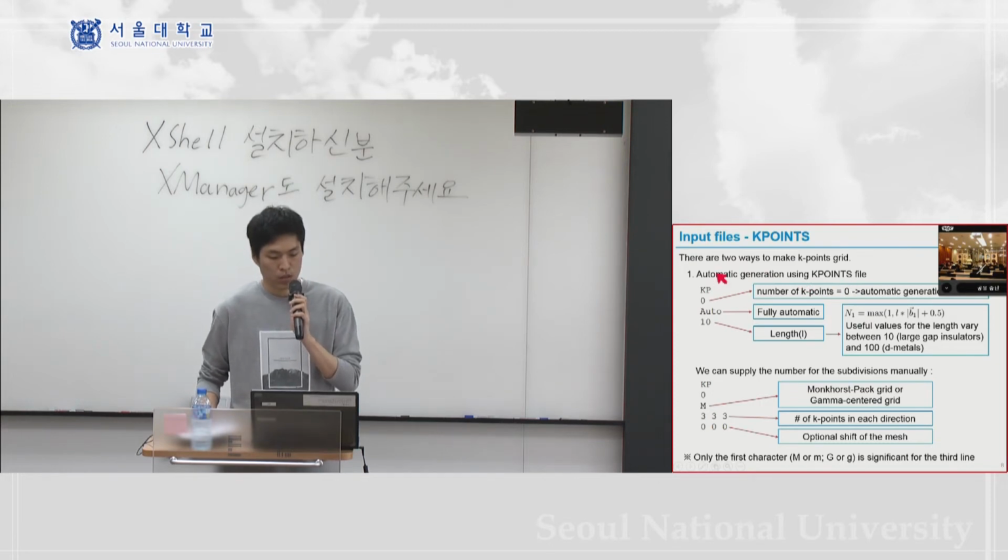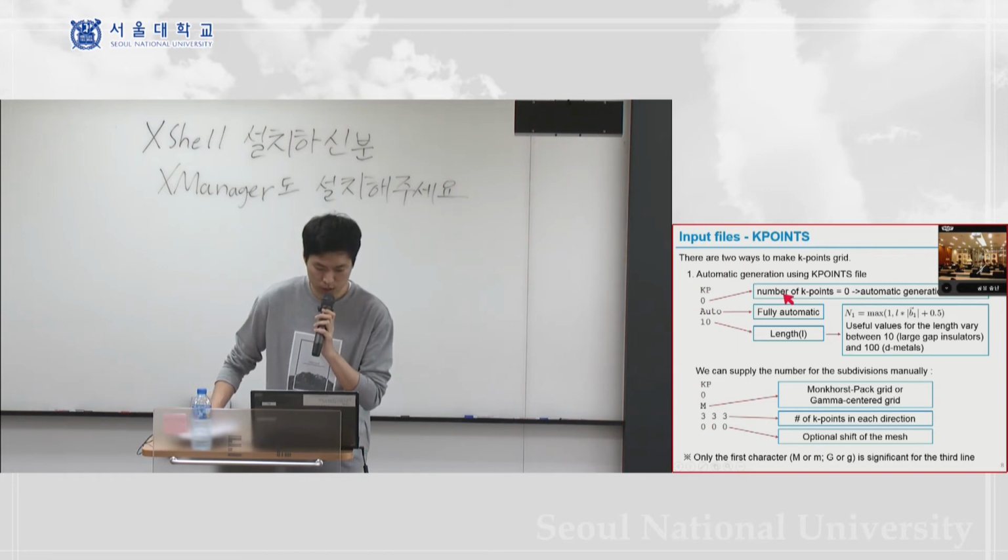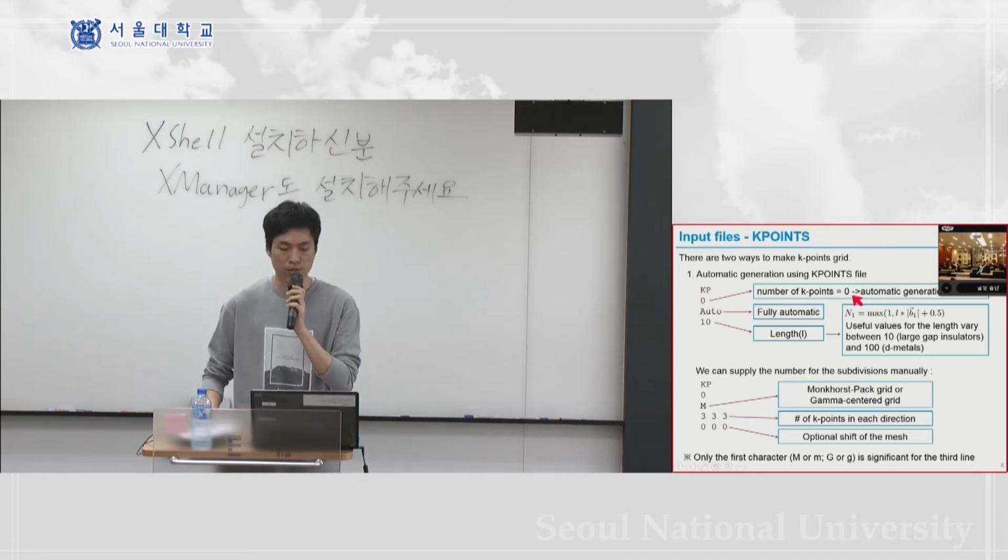The contents of the KPOINTS file are really simple. The first line is a comment line, and if we write 0 on the second line, that means we are using automatic generation of k-points.